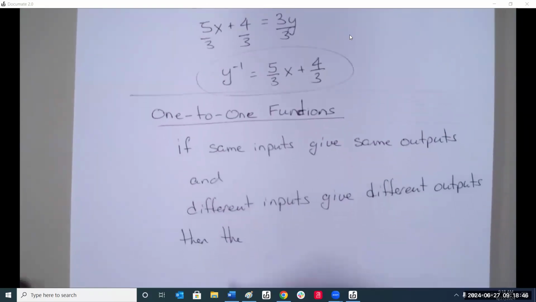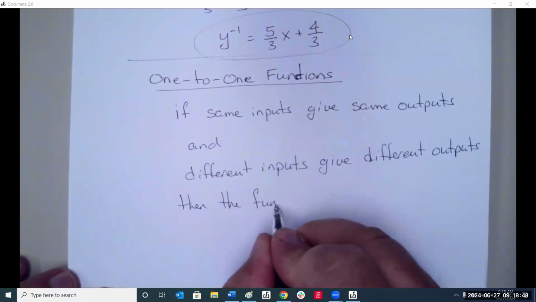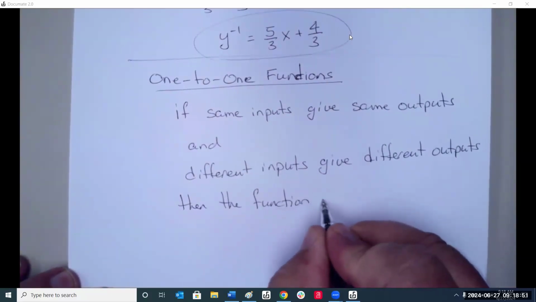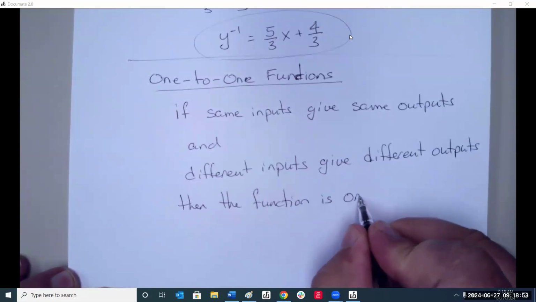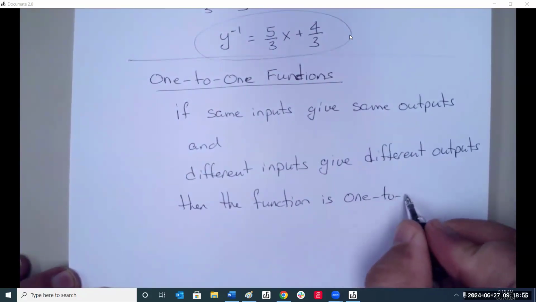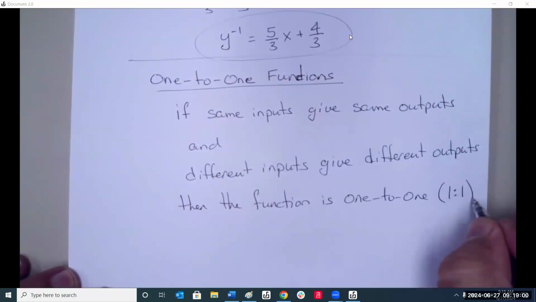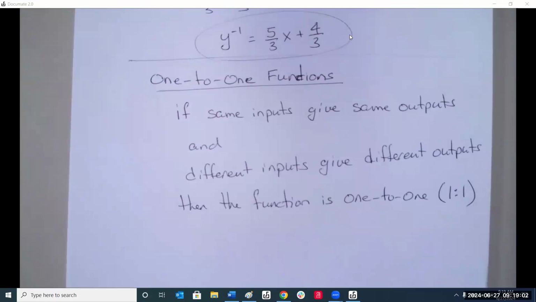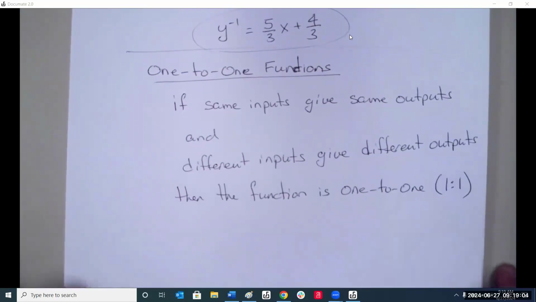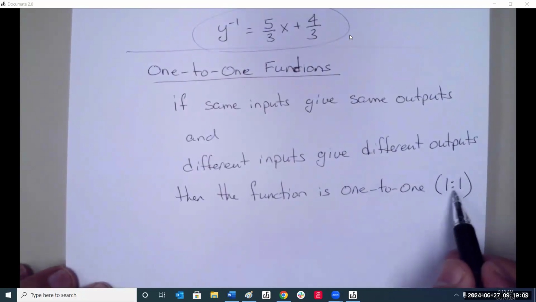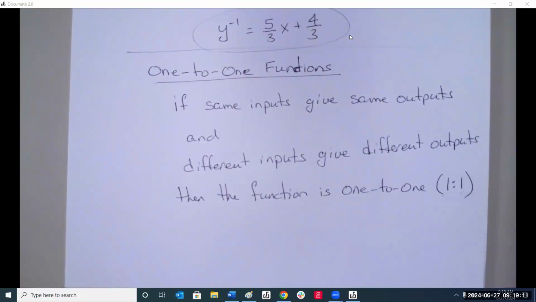Then the function is one-to-one, which we abbreviate this way. So instead of writing one-to-one, we just use this symbol here. So a function is one-to-one if for every input we have, we get the same output.